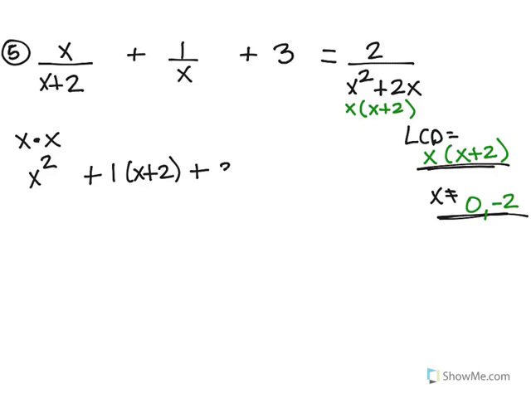Now 3 has to be multiplied by who? Both, because it doesn't even have a denominator. I got to multiply 3 by the x and x plus 2. Equals, what about 2? Just bring it down, because it has x and x plus 2 as its denominator. It has both. Does everyone see that?